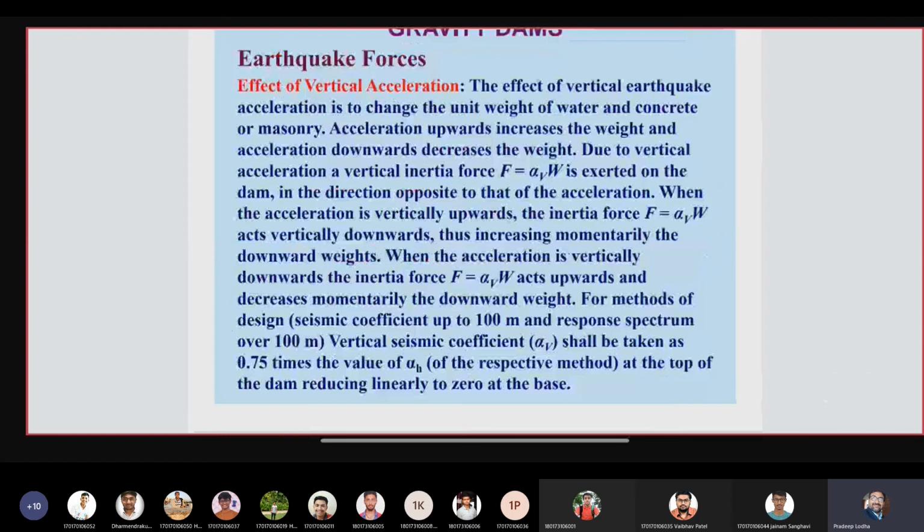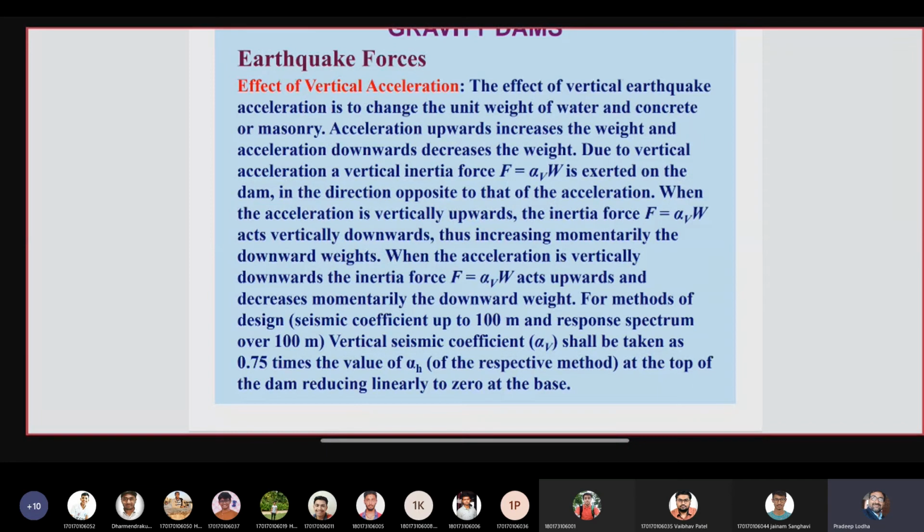In the initial explanation, in the beginning, I explained that we need to consider x, y, z. We could resolve all the earthquake forces into three categories: x, y, z, where x is not important because it is along the axis of the dam. Y is very much crucial. Alpha h we have calculated for the y component only, because there are two: inertia forces and hydrodynamic forces.